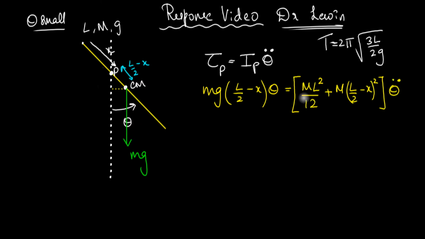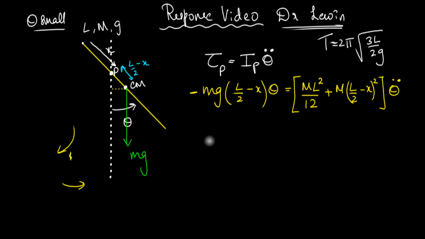And theta double dot has a negative sign, because the torque is in the opposite direction of theta. Torque is clockwise and theta is anti-clockwise.